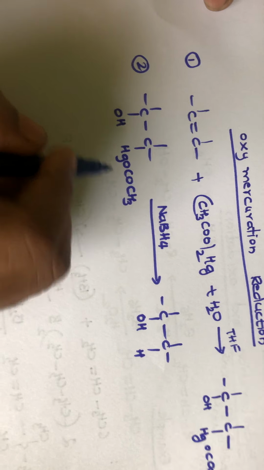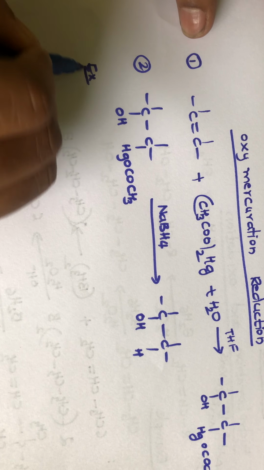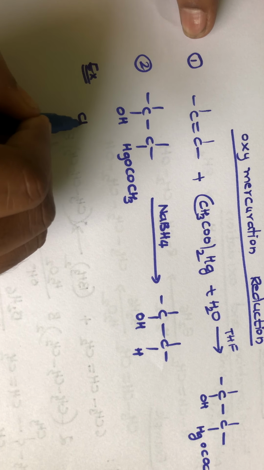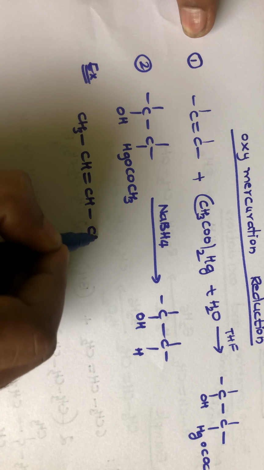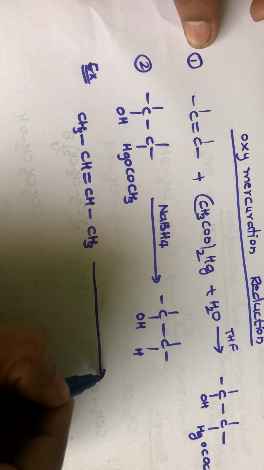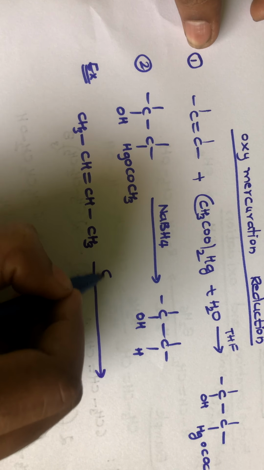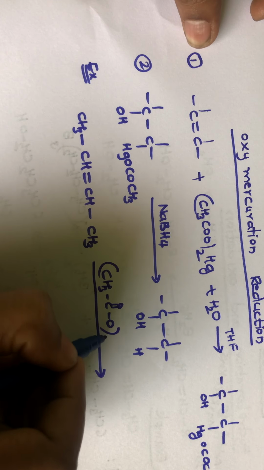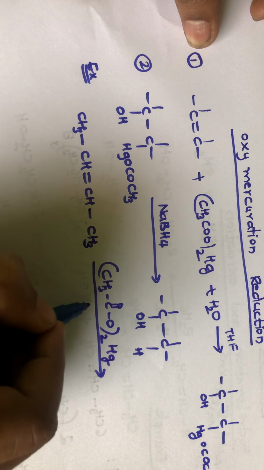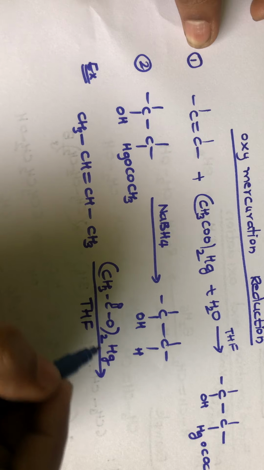Let's take another example, a specific example. I have this compound CH3, CH double bond CH, CH3. I will treat it with mercuric acetate, CH3 C double bond O, twice Hg, in tetrahydrofuran. It is a solvent here.